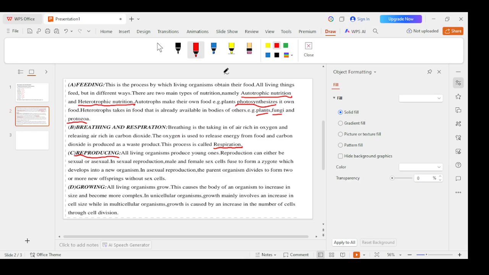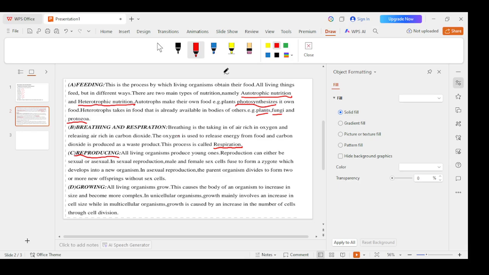So what does it mean? Growth as a characteristic of living organisms simply means that all living organisms grow. There is a change in both the size and the height. There must be a change. If I take you back to when you were 6 years, you were just a baby, but you are not a baby anymore. Why? Because of growth.